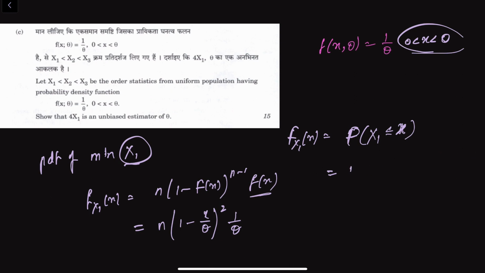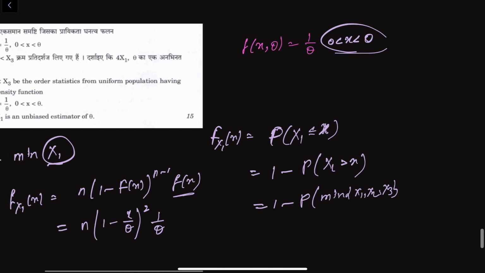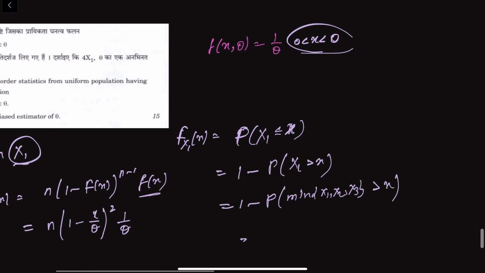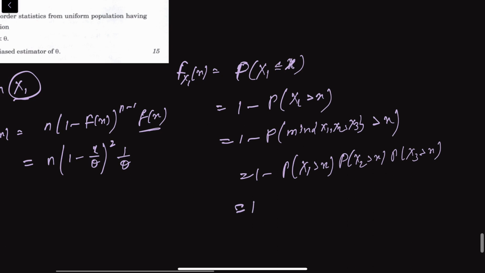We consider this as 1 minus the probability of the minimum of X1, X2, X3 greater than x. So that means all must be greater than x: the probability of X1 greater than x, X2 greater than x, and X3 greater than x. So that is 1 minus the probability of X1 less than or equal to x whole to the power 3.